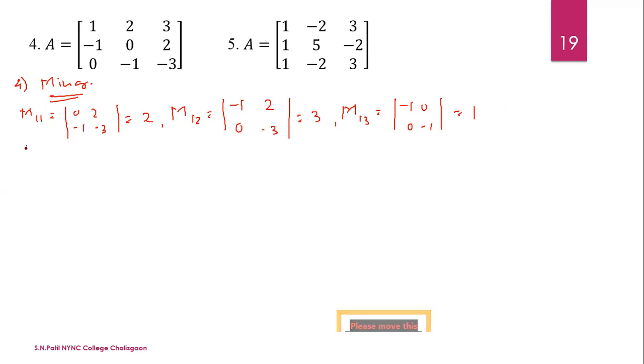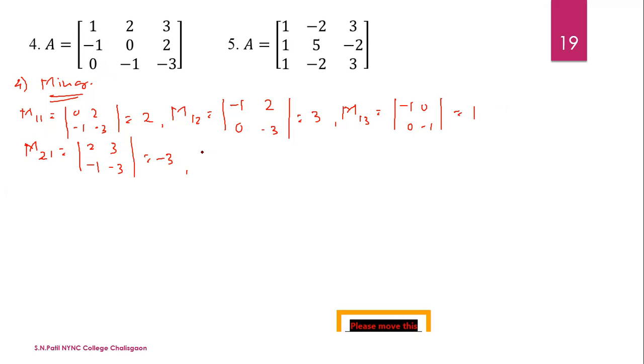Now next, second row, M21, deleting row and column, 2, 3, minus 1, minus 3. This is minus 6 and plus 3, that is minus 3.